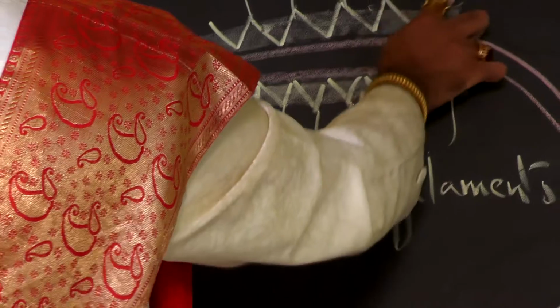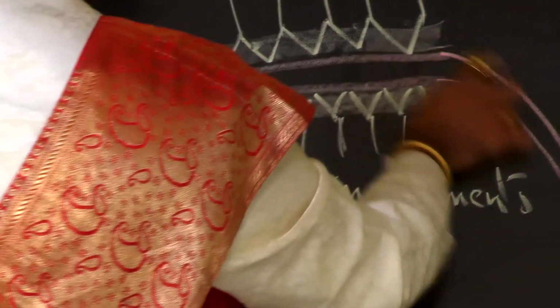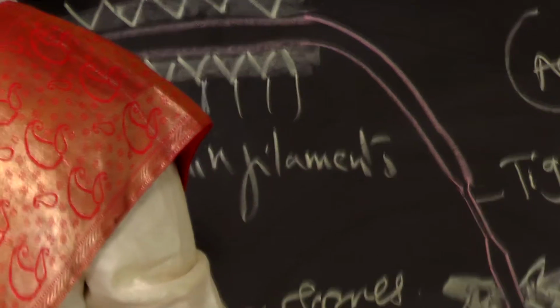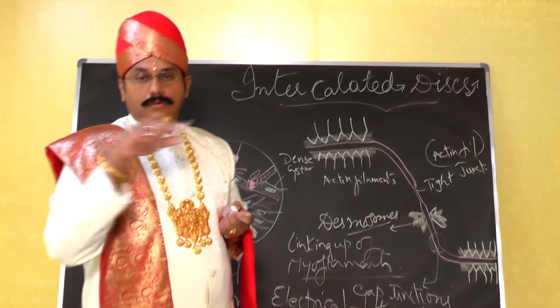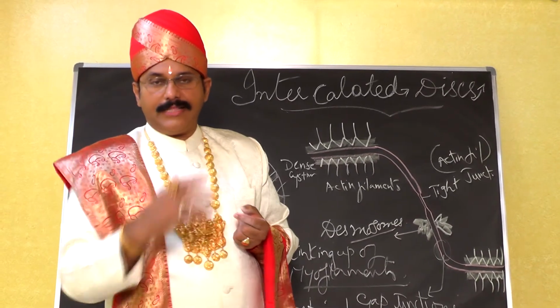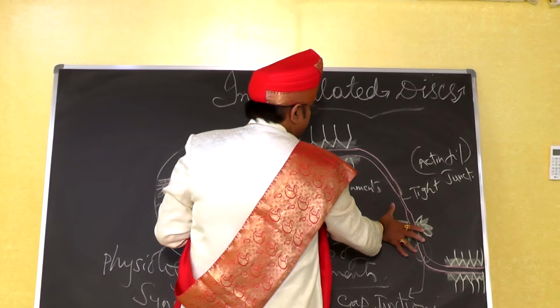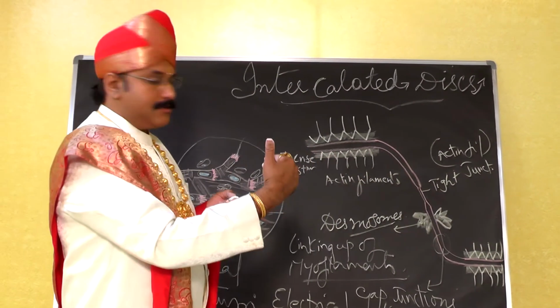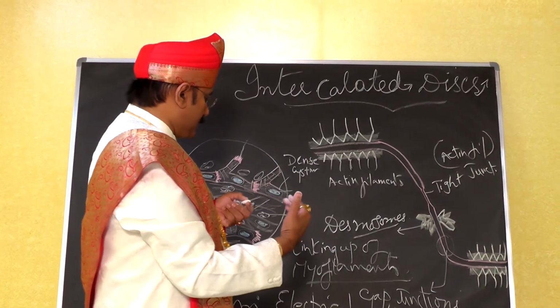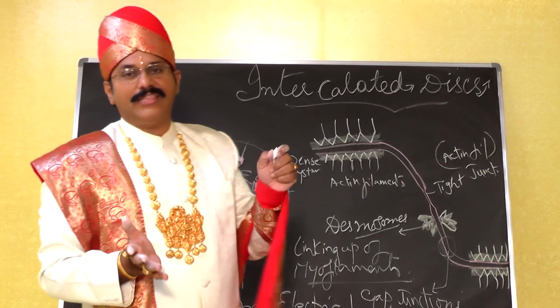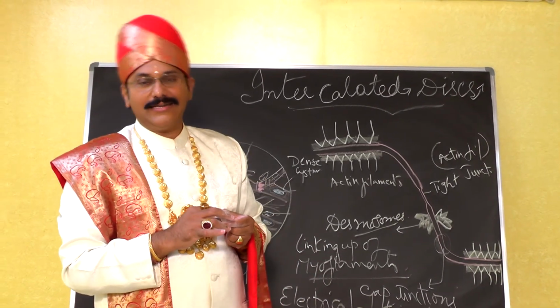Then the tight junction, again the desmosome, and again the gap junction, followed by the cell membranes with the actin filaments present in the dense cytoplasm. This junctional complex, the tight junction followed by the desmosomes followed by the gap junctions, together make the intercalated disc.